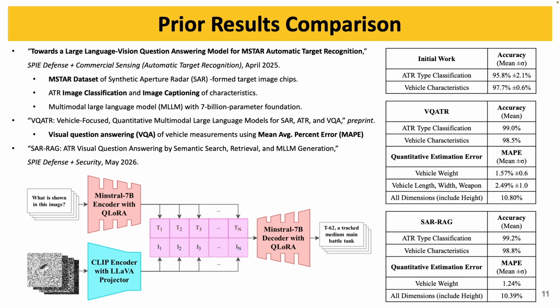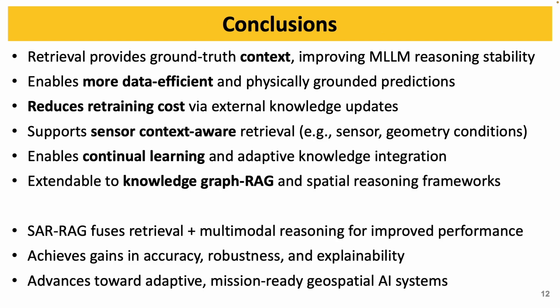They all use the same method, the same multimodal large language model. So we've tried to keep that consistent so we can do an apples to apples comparison here on the right. At the top is our initial work that we presented last year, the VQ ATR is the journal paper, and at the bottom, the SAR-RAG system, which shows minor improvements over the baseline.